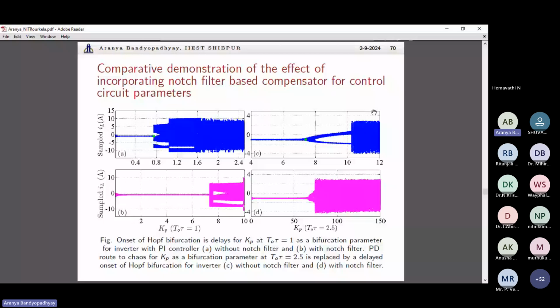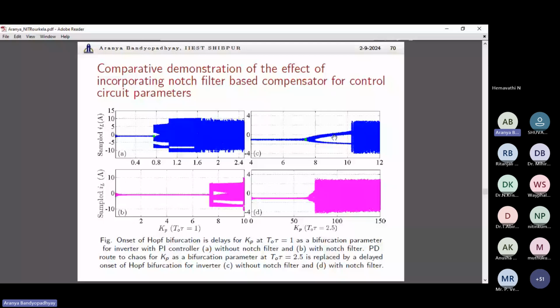So what we did was incorporate a notch filter in series with PI control, and then we saw how effective the incorporation of that notch type of filter was in driving away the period doubling frequency component. We can clearly say it was effective in eliminating the period doubling route to chaos.